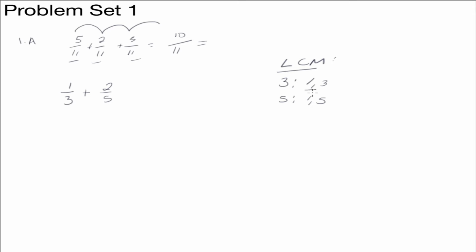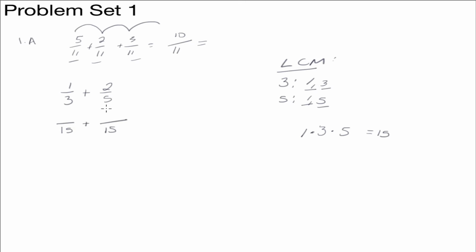So 1 appears, 3 appears, and 5 appears. Each of those appear, of course, the most number of times 1 appears is once, because they both have that. So 1 times 3 times 5 is 15. So 15 is our least common multiple.